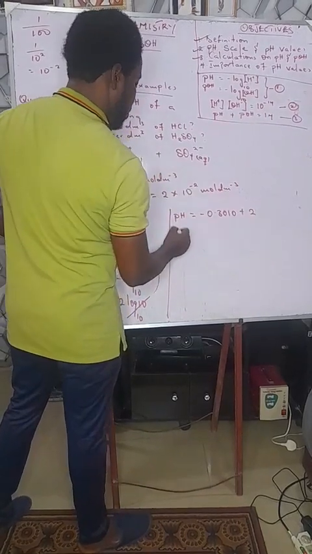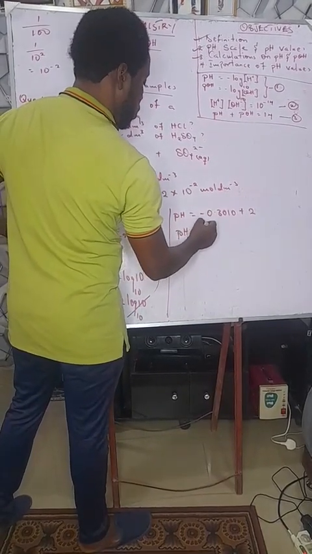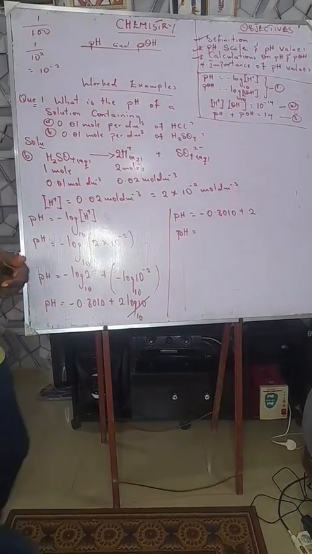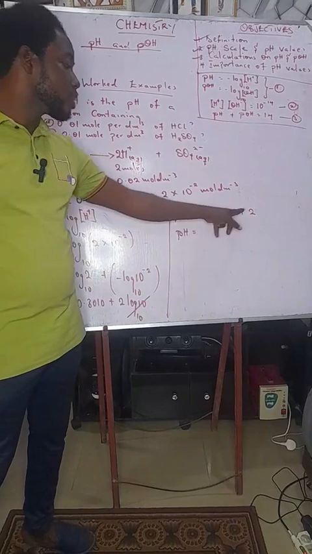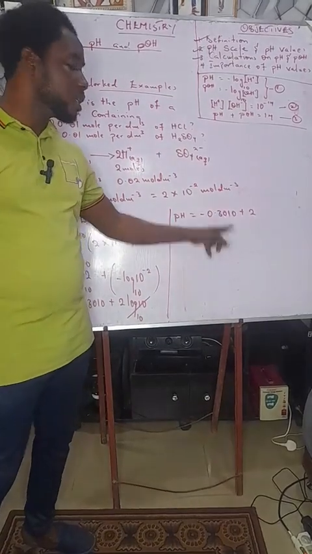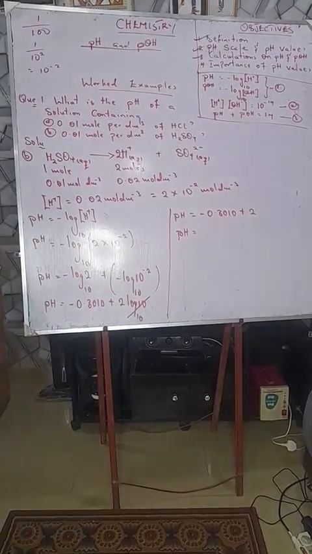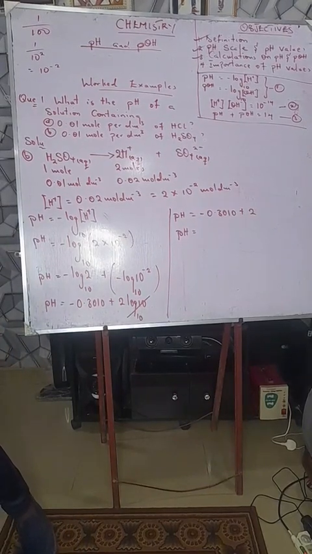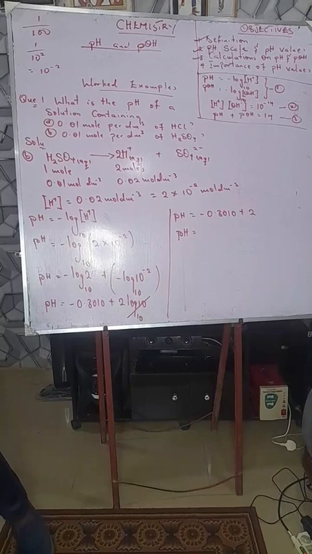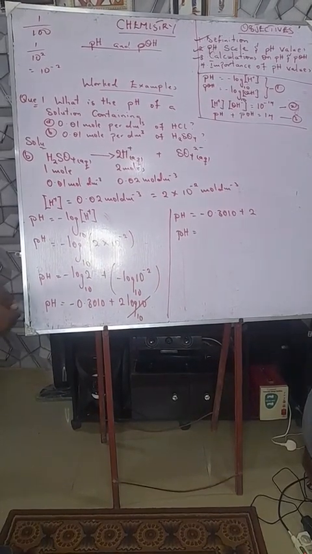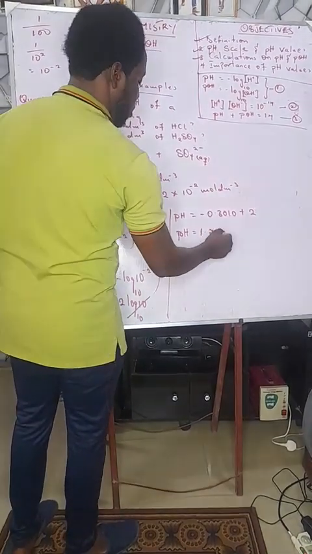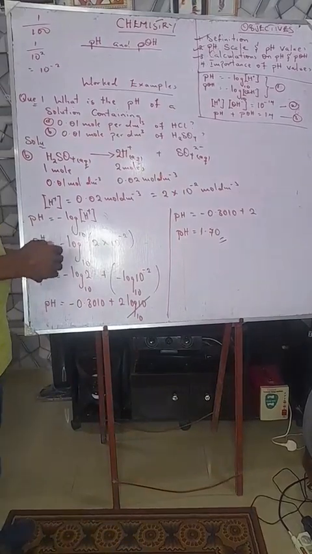Your pH now is, sorry, you are not adding, that's 2 minus this. Minus 0.3010 plus 2 will give you 1.699. That's approximately 1.70. You can see it is very acidic.